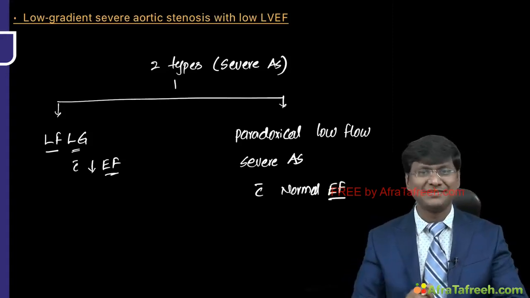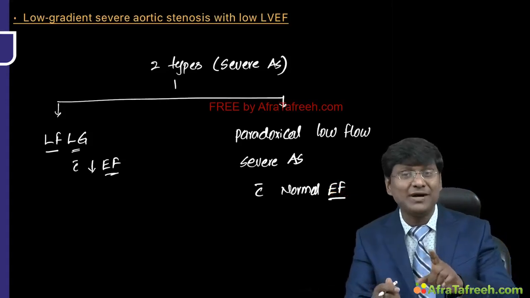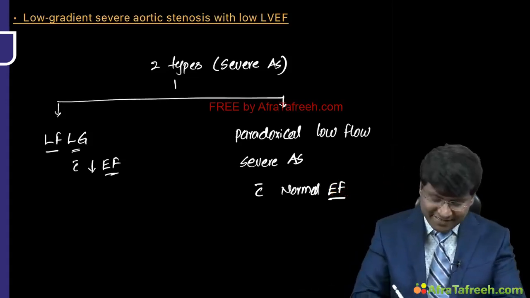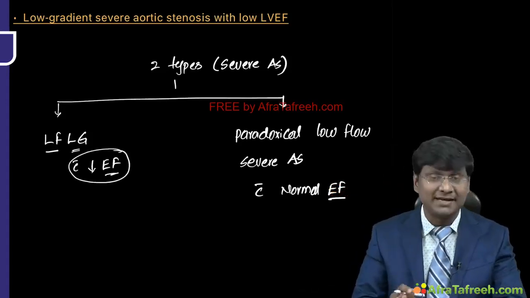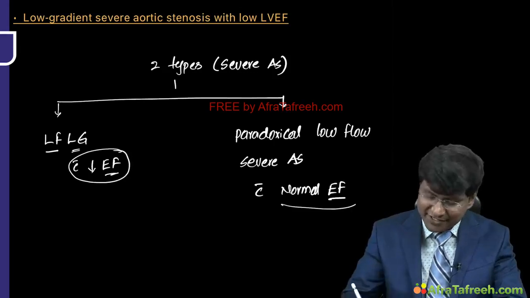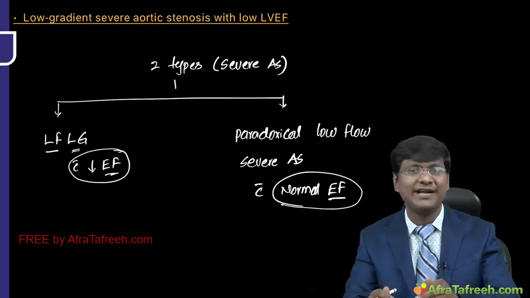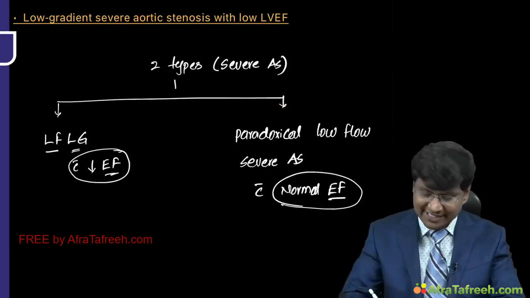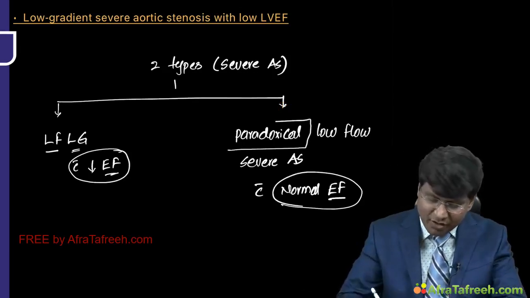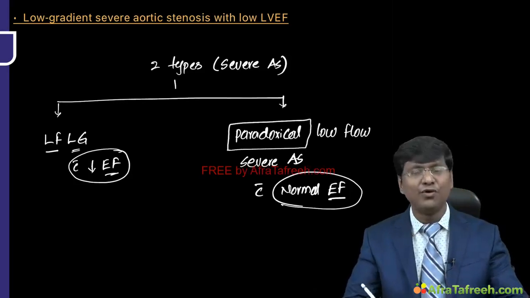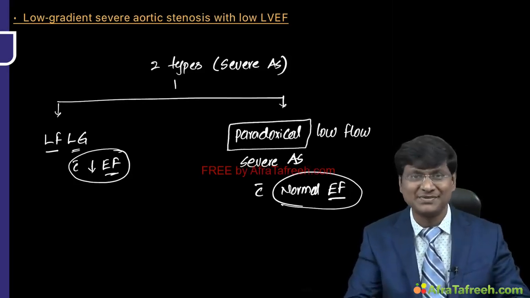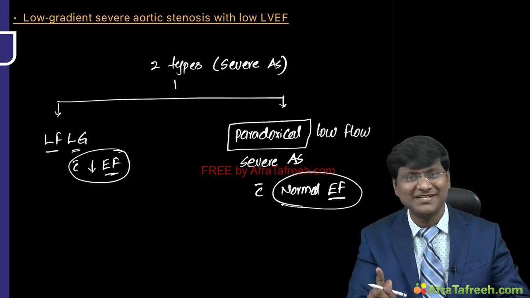Normally when will you have this low flow low gradient? When the ejection fraction is reduced. But in spite of the ejection fraction being normal, still if there is low flow low gradient, remember that we call it paradoxical low flow low gradient severe aortic stenosis. That is paradoxical. Understood? Okay.